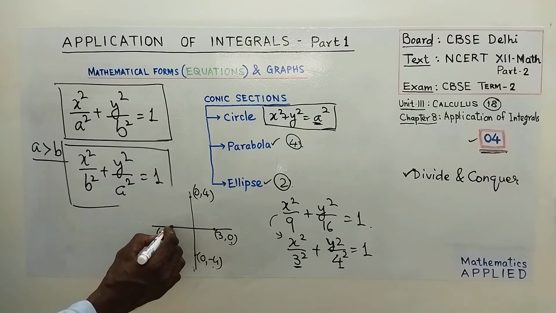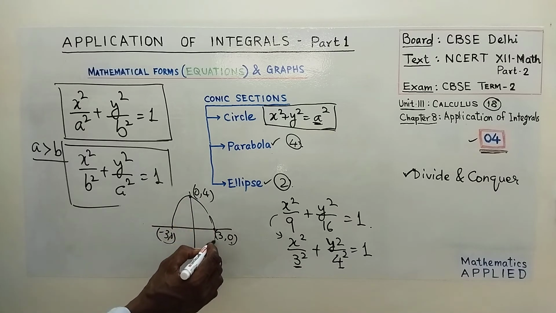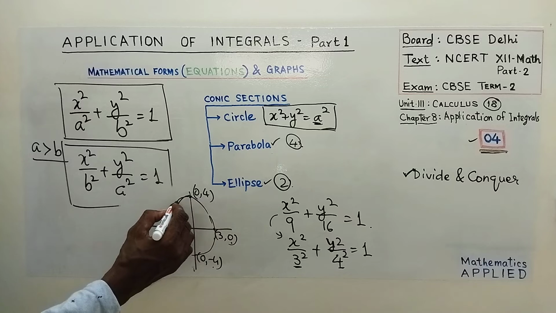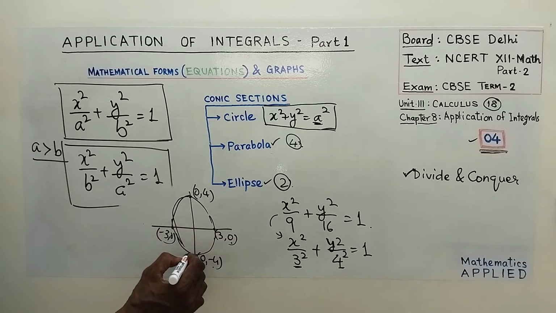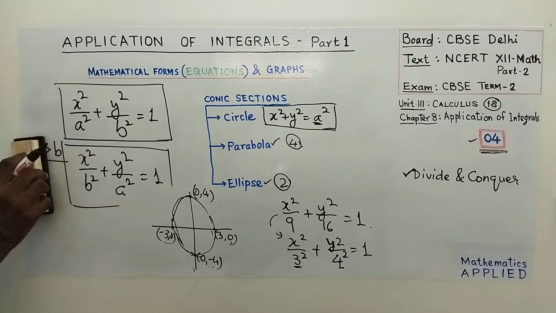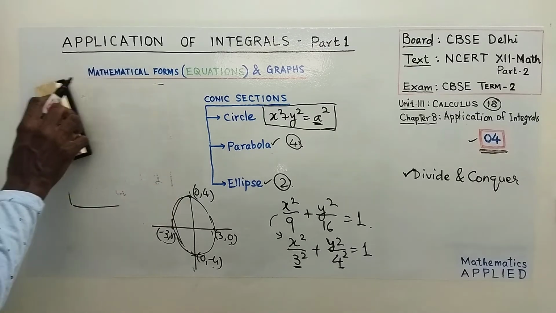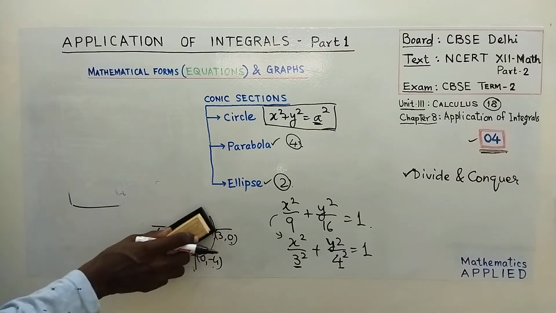Mark this and then connect this. And that gives me the ellipse. This is how you will draw the ellipse. So given the equation, we should be able to draw the curves. So this is about the mathematical forms and their equations.